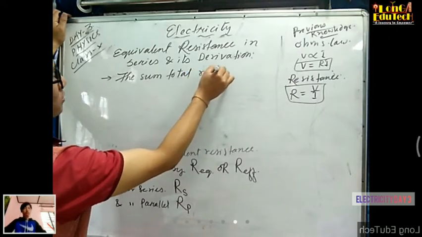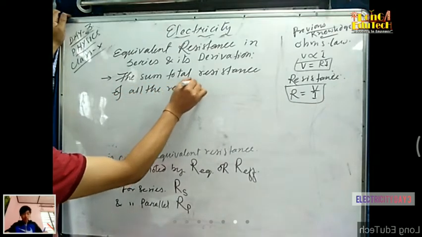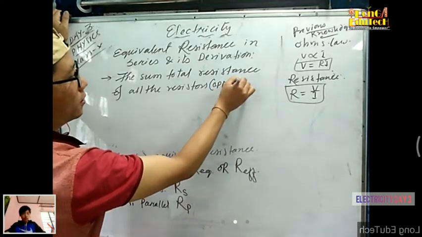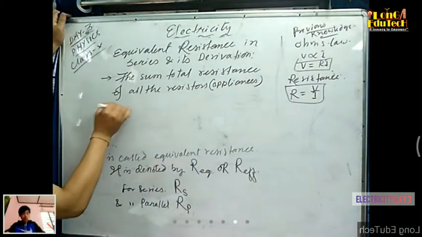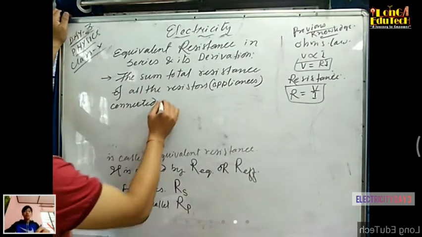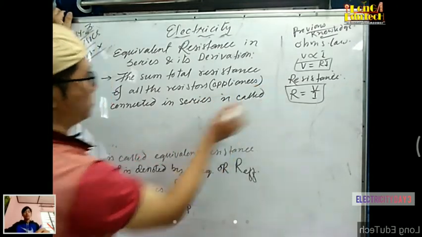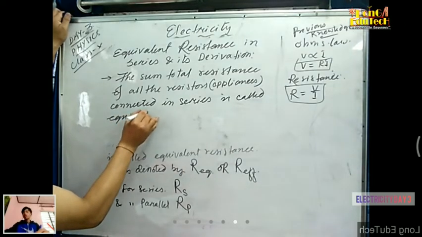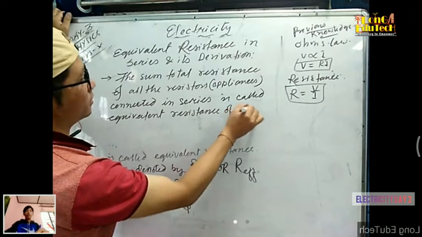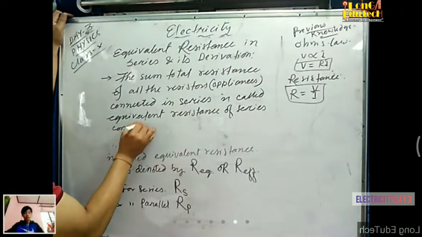चलो, the sum total resistance of all the resistors, means appliances बोला था, don't get confused, that is the appliances connected in series, is called equivalent resistance of series connection.